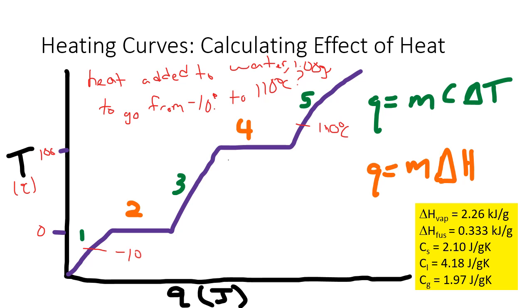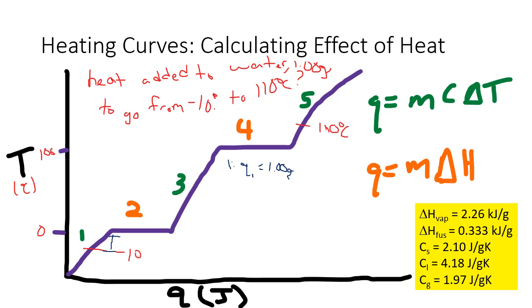Okay, so let's do our first. We're going to have Q1. And this region is Q equals mcΔT, so we have a mass of 1.00 grams. We're going to be going from negative 10 to 0 degrees Celsius. We're doing this leg of our journey.